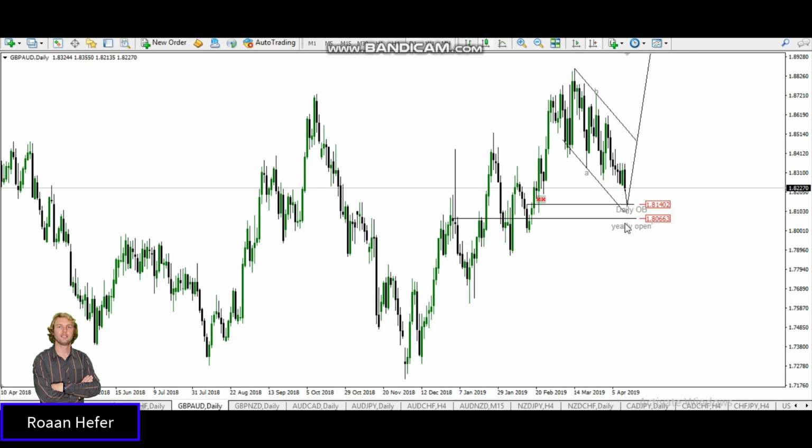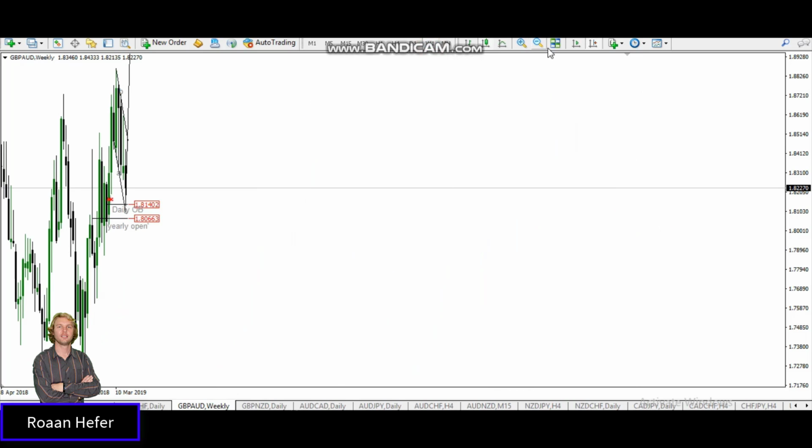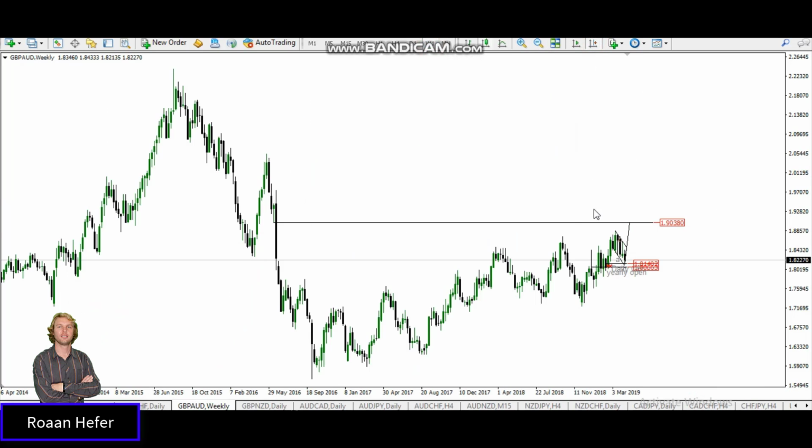And we also have the yearly open just below that at 80.66. So once price gets to these levels, we'll look for reversal going long. Target for the long would be this weekly order block at 190 level. So yeah, that's that for Pound Oz.